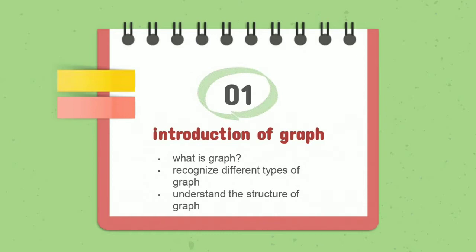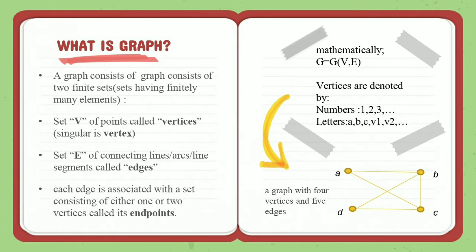In this section, we're going to discuss what a graph is, recognize different types of graph, and understand the structure of the graph. So first, what is a graph? A graph consists of two finite sets, each having finitely many elements.